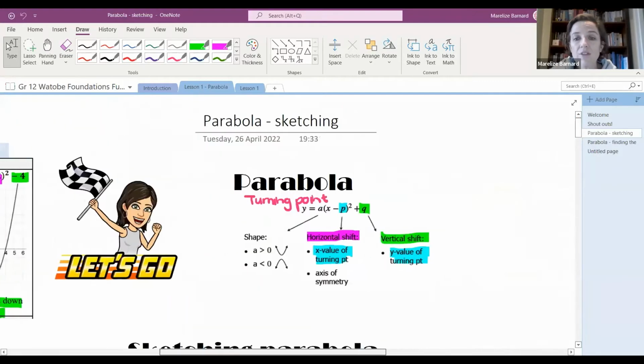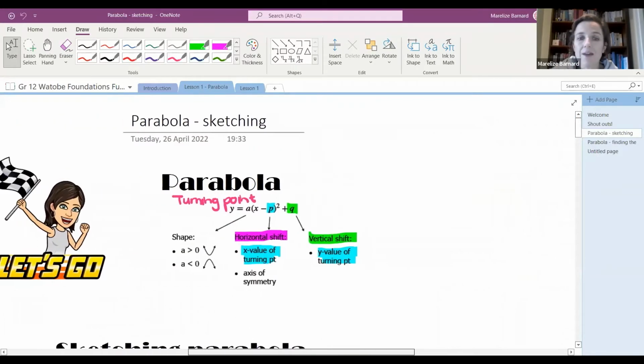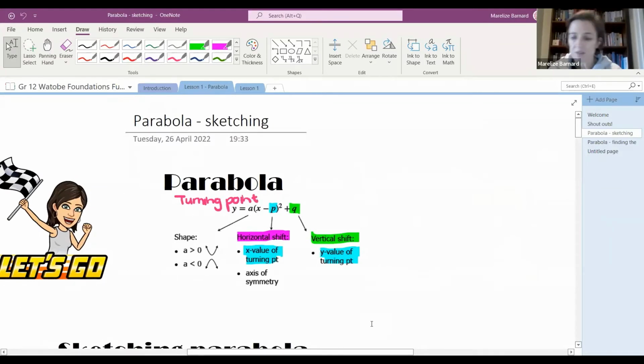So as a starting point, as we cover the foundations of parabolas and the foundations of functions before we move into inverse functions, you've got to be comfortable with both of those forms, okay? So the turning point form and the standard form of the parabola. And we're going to talk a bit more just now about the relationship between the two and how you can change from the one to the other.